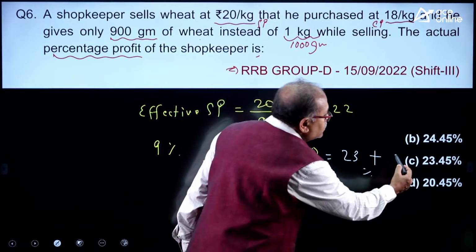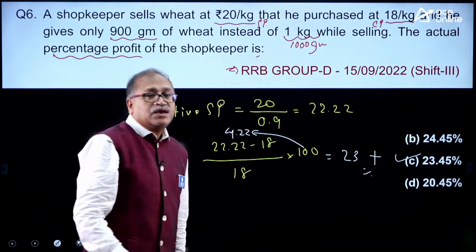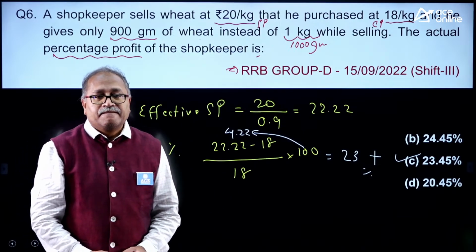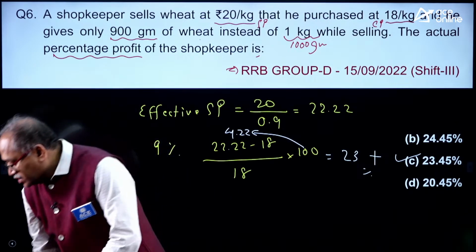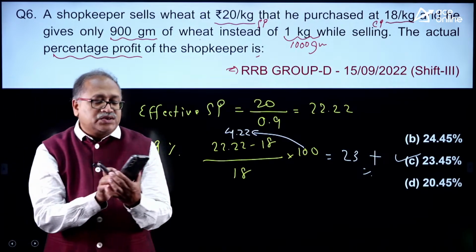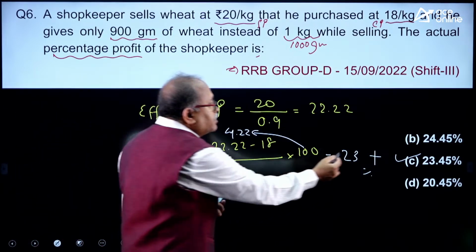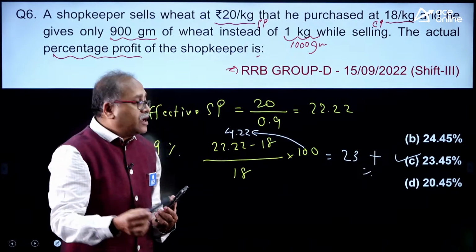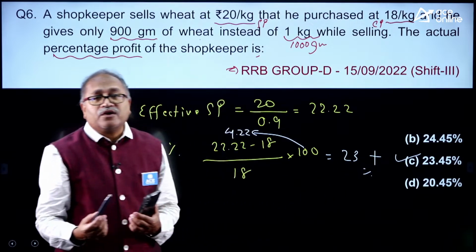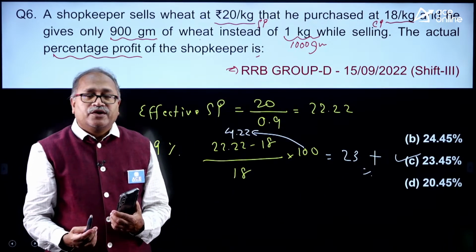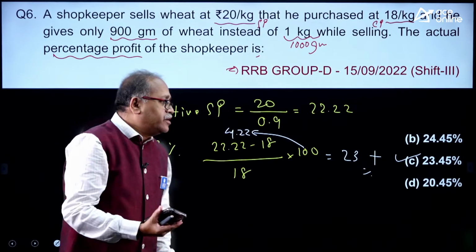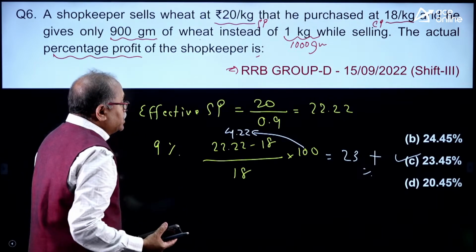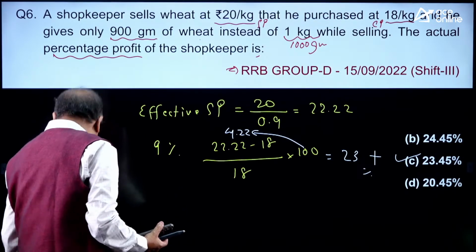So, any option is there, 23 percentage plus, option choice C, that is your answer. So, if I have any question where 23 plus more options are there, then I will go for the decimal value also. Okay. Let us move on to the next question, that is question number 7.